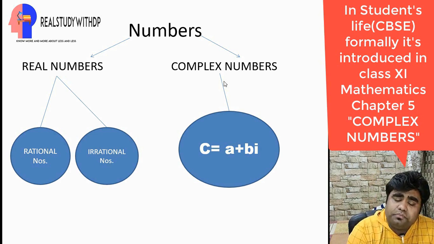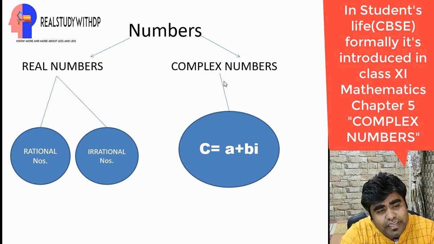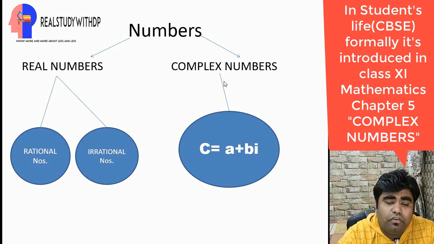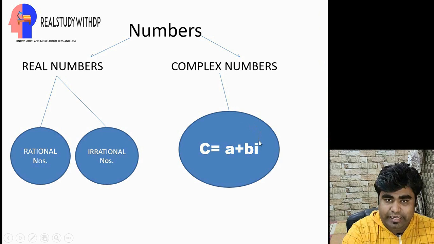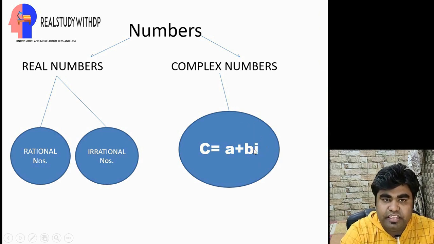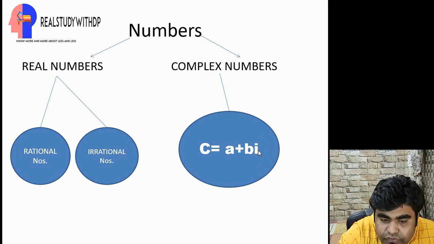Now what is a complex number? See, a complex number is basically a number which has a very fancy part associated with it. These are the numbers which have iota. See, this is I, this iota.